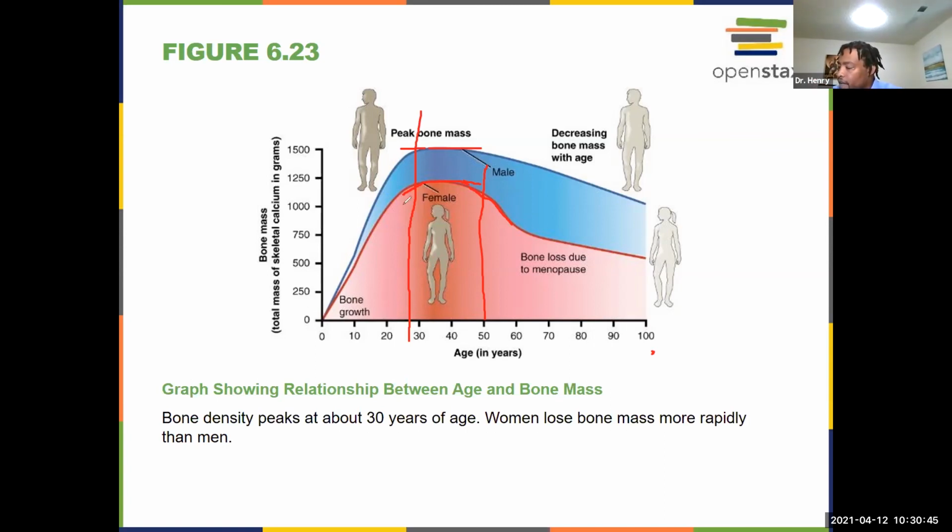Then we have thyroxine, which is responsible for stimulating bone growth and promoting synthesis of the bone matrix. We have calcitriol, which is responsible for the absorption of calcium and the phosphates that are needed for digestion.